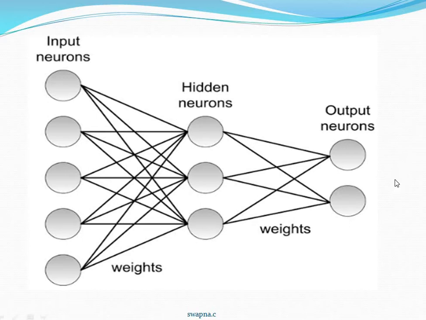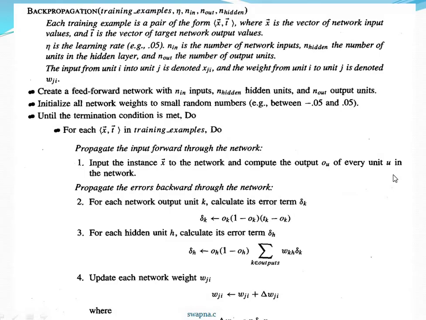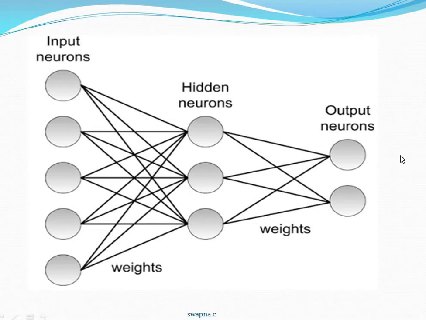Once we find the error at this point, there may also be a chance of error in the previous layers, because these outputs got their input from these hidden neurons. For this output neuron, these are the input source neurons, and these are the weights applied. If we get the error here, we find the change of weights and update the weights here.